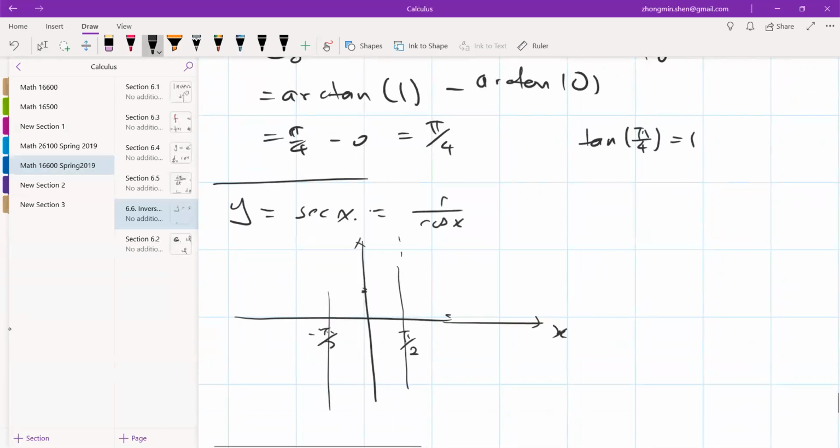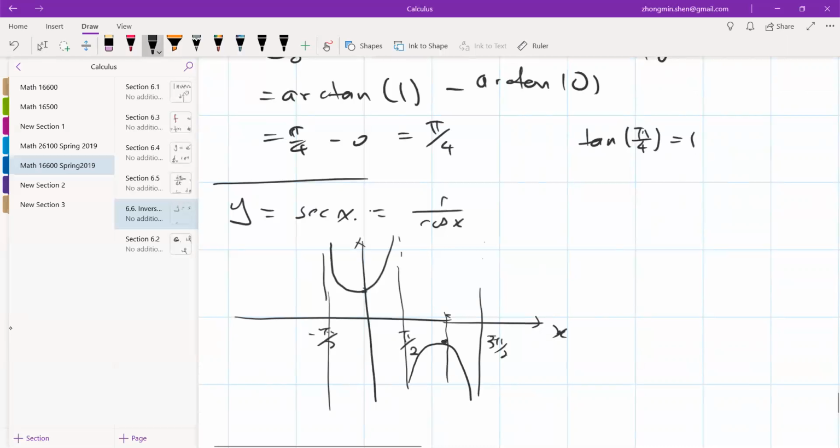Negative pi over 2. So the graph looks like that, like a parabola passing through that. That's not enough, okay? Then we have another piece. Here's 3 pi over 2. This is a complete graph. It's periodic.